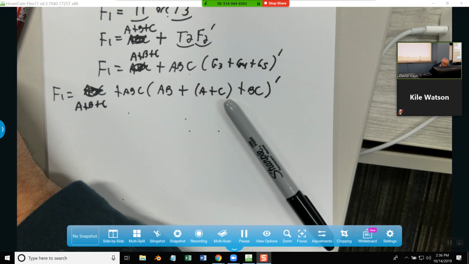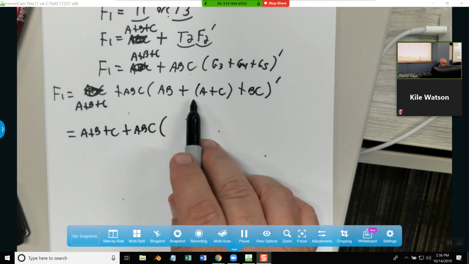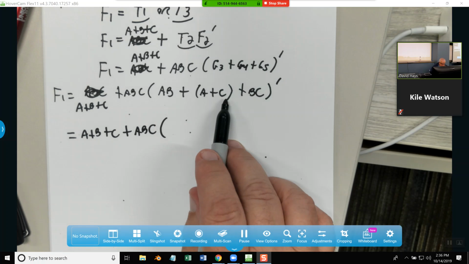Is this A or B or C, or A and B and C? And this is going to equal A prime plus B prime. This is equal to X prime Y prime, or A prime B prime, or A prime C prime, sorry.